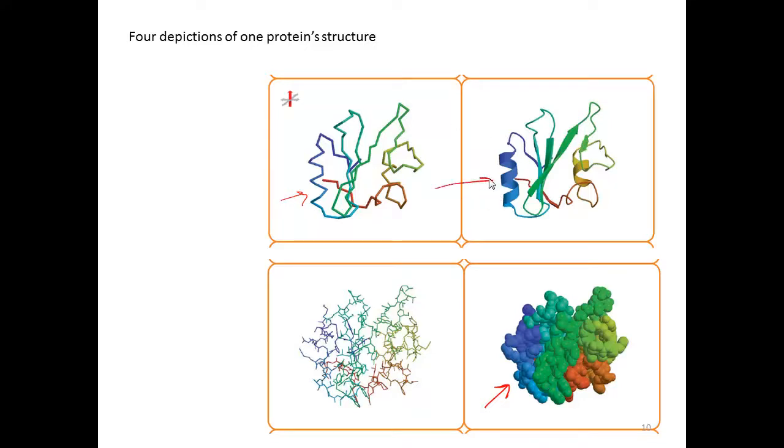This is basically a backbone view also, except that you can see that we've added some depictions of secondary structures. These arrows are beta sheets. This helix is an alpha helix. That helps our eyes draw attention to certain structural features in the protein. And here, in the bottom left-hand corner, we have an all-atom trace. This is just the backbones up here. This is all the atoms being depicted.